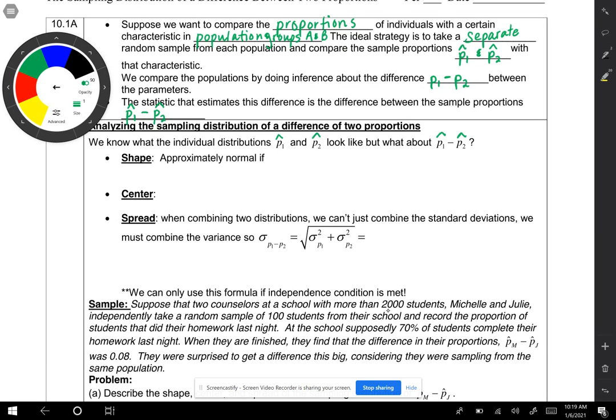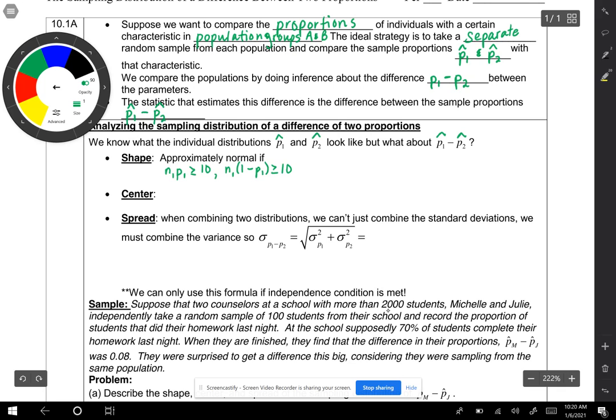So we are going to do n1 times p1 has to be greater than or equal to 10, and then n1 times 1 minus p1 has to be greater than or equal to 10.